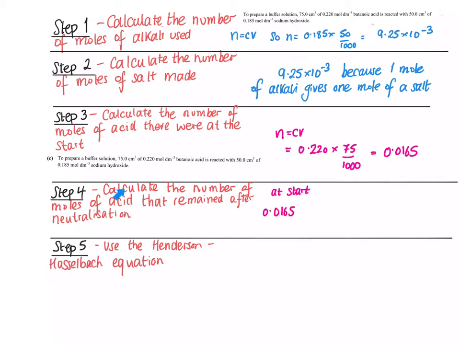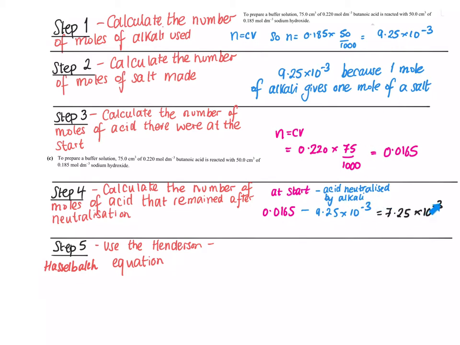In the next step, we need to calculate the number of moles of acid that remained after neutralization. So how many moles of butanoic acid did we have after it had reacted with the sodium hydroxide? So we started with 0.0165 moles of acid. We added 9.25 times 10 to the minus 3 moles of alkali, and 1 mole of acid reacted with 1 mole of alkali.